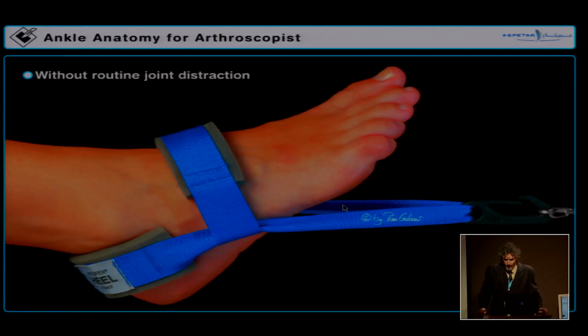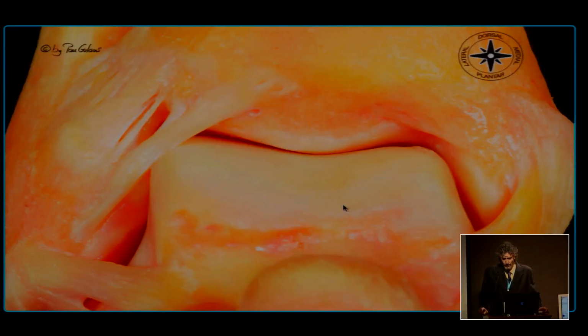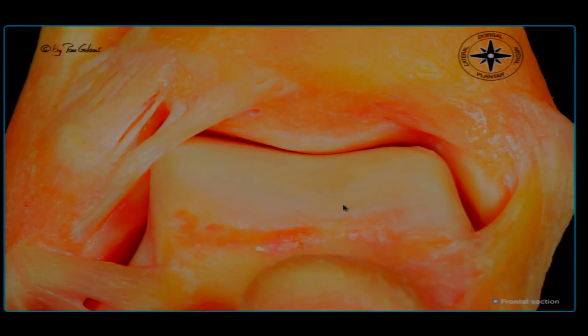We recommend performing ankle arthroscopy without routine joint distraction. Many studies argue that during arthroscopy, the ankle should constantly be in distraction because of this configuration: it's a load-bearing joint and the intra-articular space is very narrow.